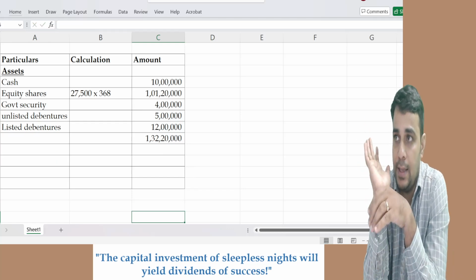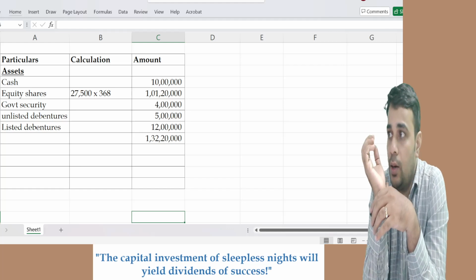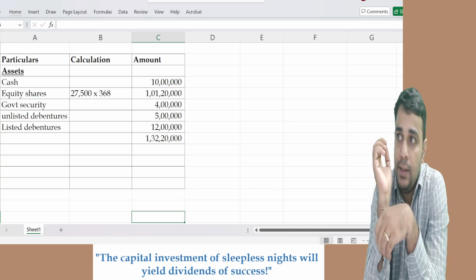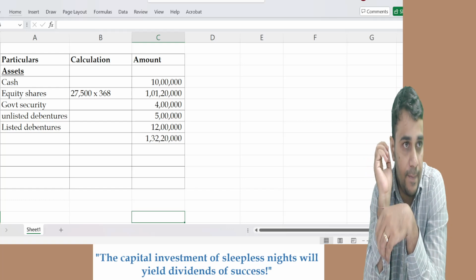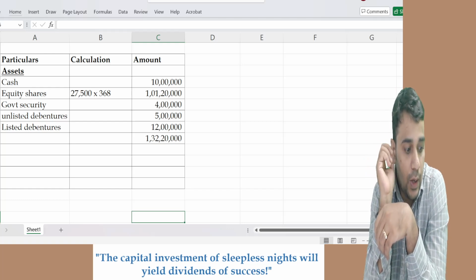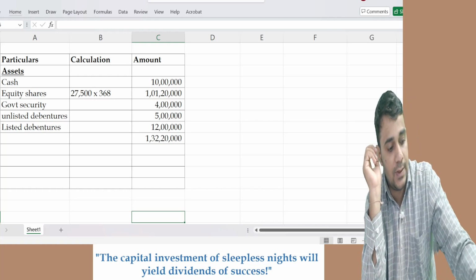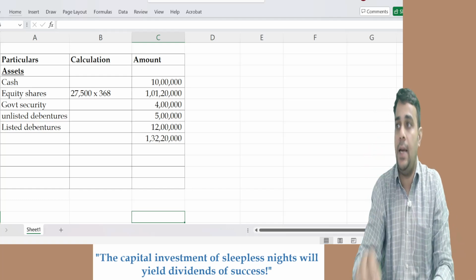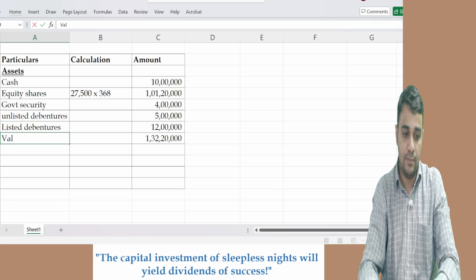No liability exists. 1 crore 32 lakh 20,000 is the value of all assets.